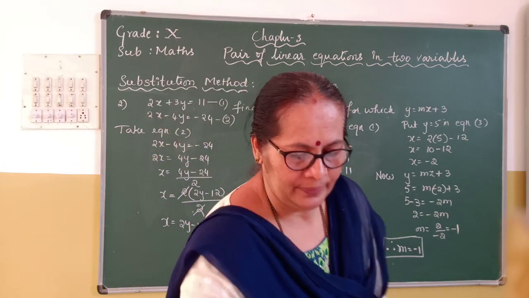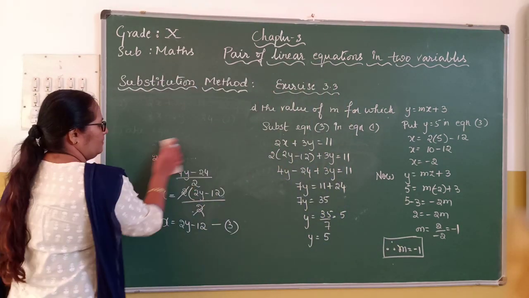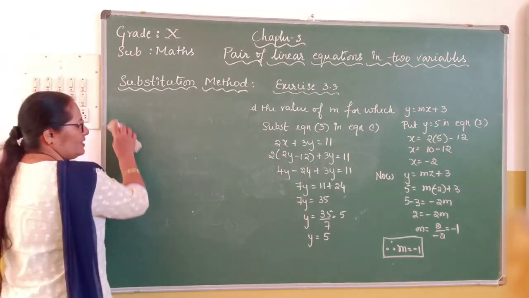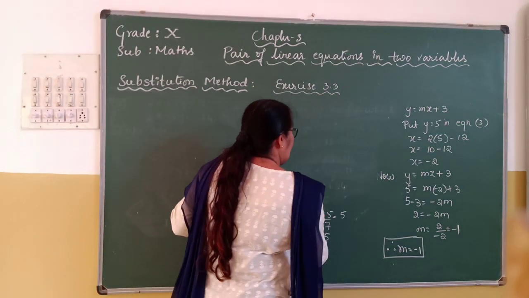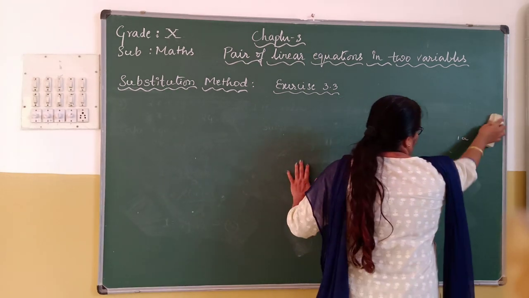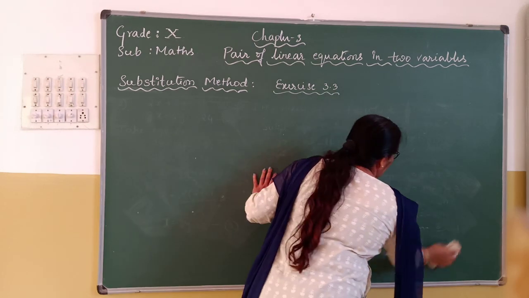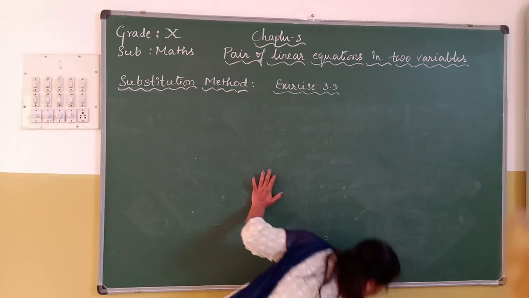Now next sum, that is third main. Form a linear pair of equations and find the solution of the equations. So you have to form linear equations first using the given statements. Then you have to find the solution of the equations.